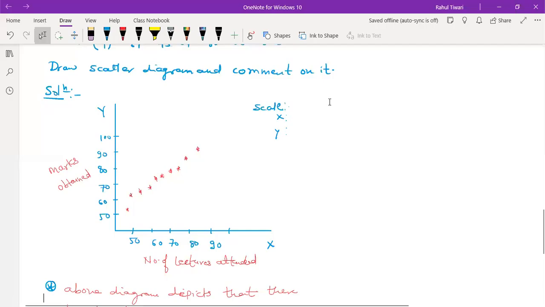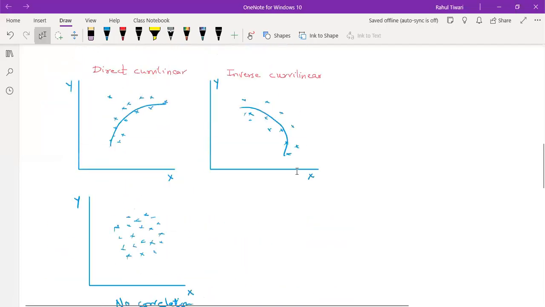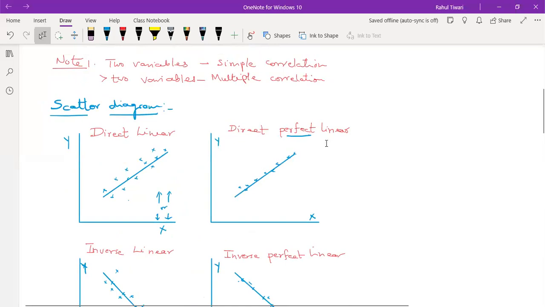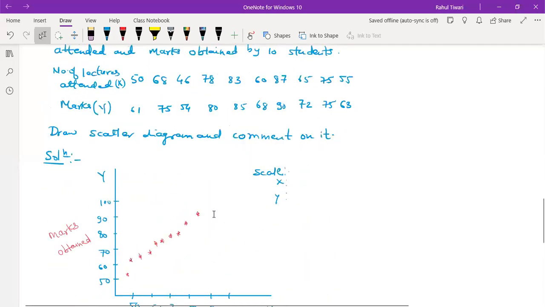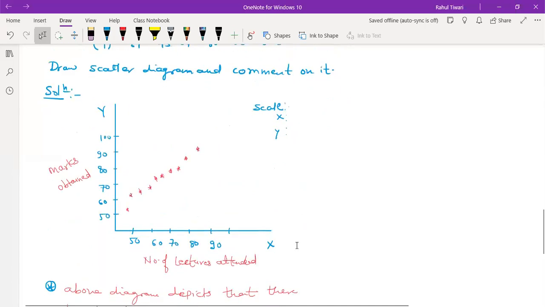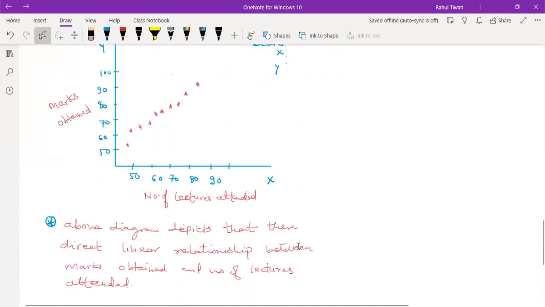The direct perfect linear relationship: the majority of the points, if you just imagine one line, lie on that particular line, but it doesn't give the most appropriate results, based on the straight line which we are drawing here.